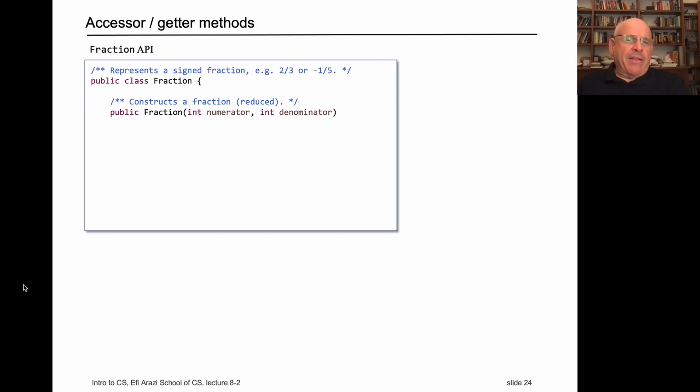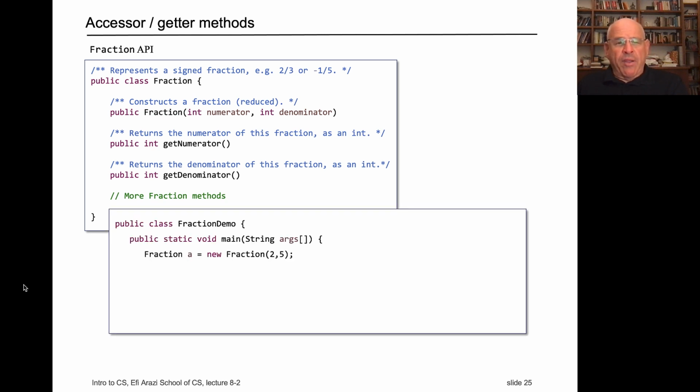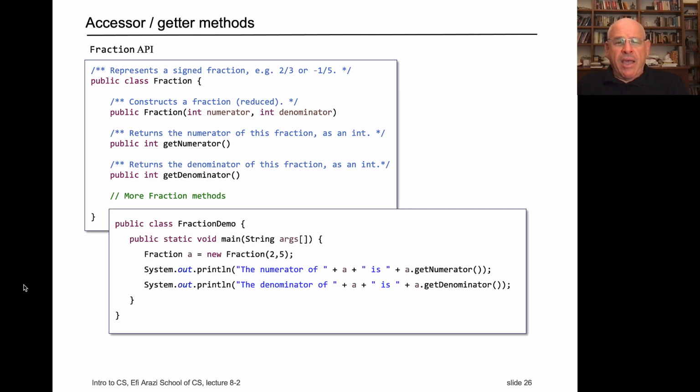All right. Another set of useful methods are called accessors and getters. And here are two examples of getters. These getter methods return the numerator and the denominator of the current object, which is a very trivial and basic thing to expect. And so if we define a fraction, we can now say the numerator of a is a dot get numerator, and the denominator is a dot get denominator.